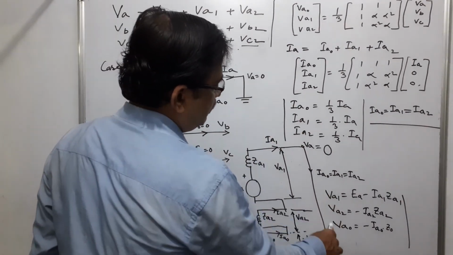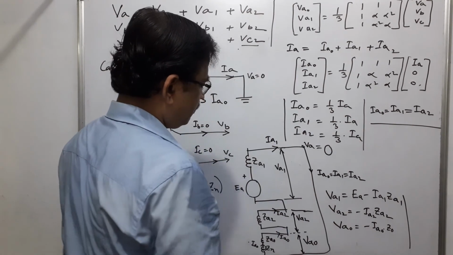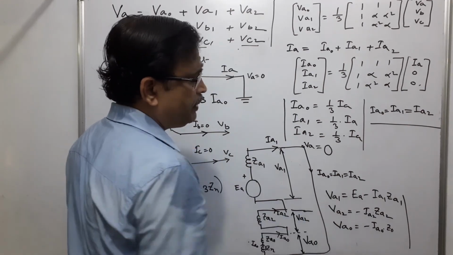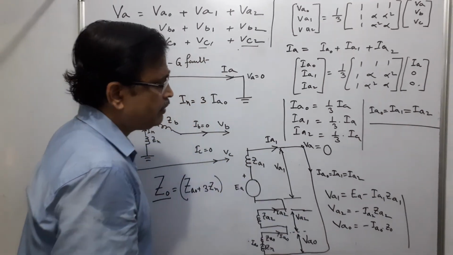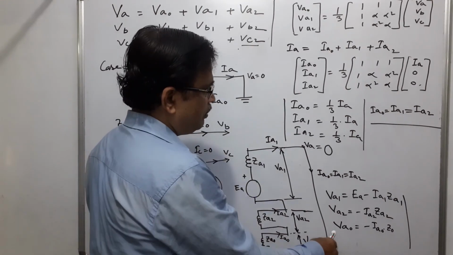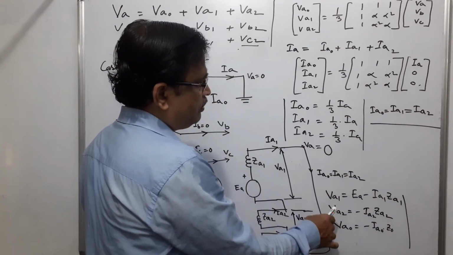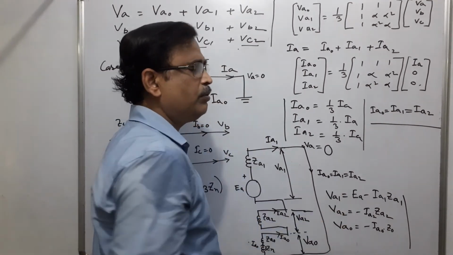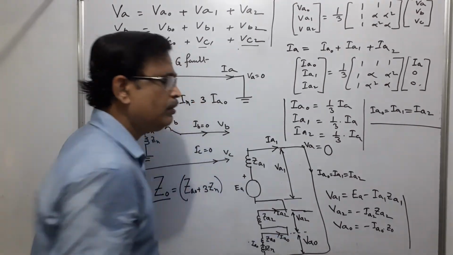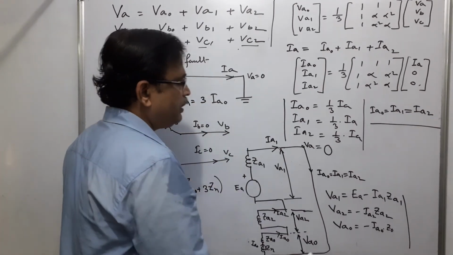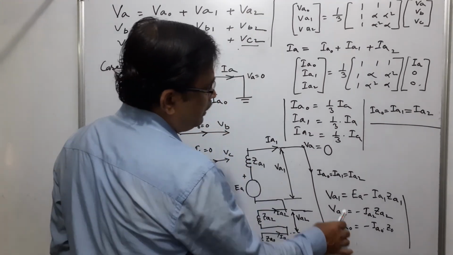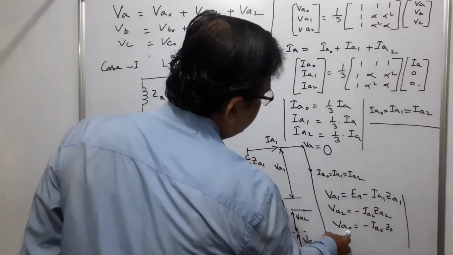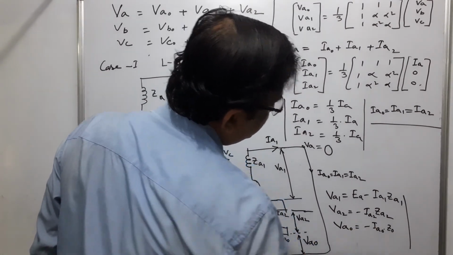So from here we get the sequence voltages. If we know VA1, then VB1 and VC1 will be known. VA2 is known, so VB2 and VC2 will be known. VA0 is known, so VB0 and VC0 will be known.